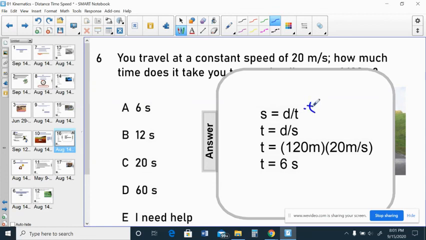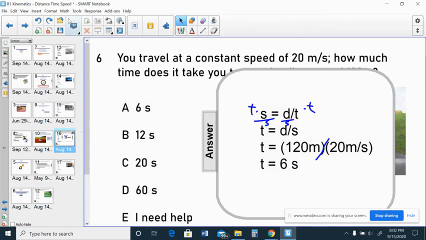So multiply by time on both sides. And you want to move speed to this side of the equation. So divide by speed on both sides. You end up with time equals distance divided by speed, which is 120 meters divided by 20 meters per second. There should be a division symbol there. Equals 6 seconds.